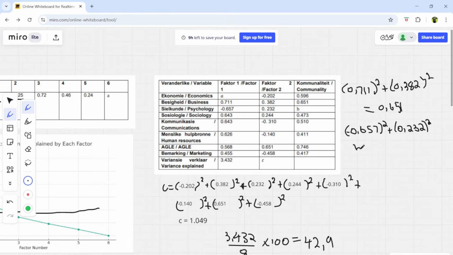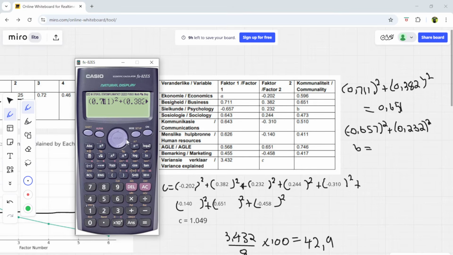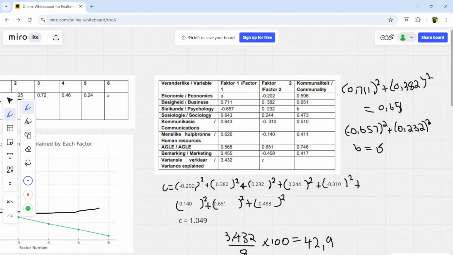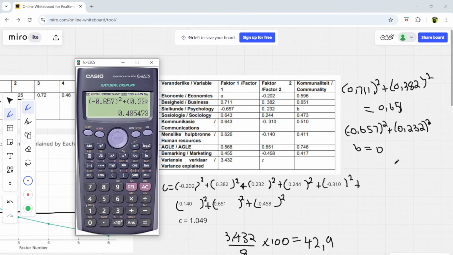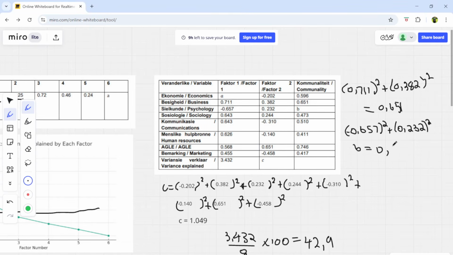Therefore, the value of b will be equal to, go to the calculator, and then you just write your values there. Minus 0.657 squared plus 0.232 squared. That's equal to, the value of b is 0.485. That is how you calculate the communality.